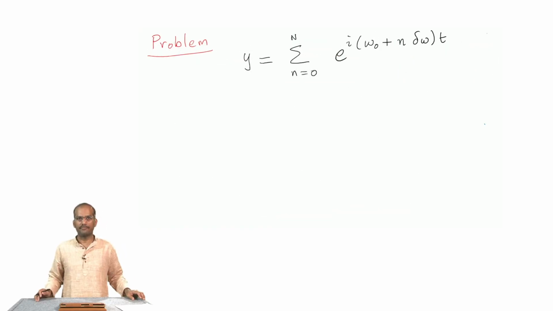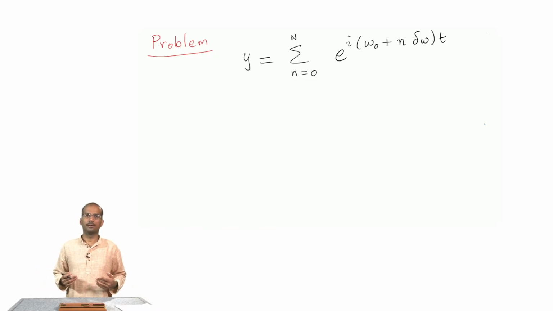When we were looking at the bandwidth theorem, we were trying to sum cos of (omega 0 plus n delta omega) into t, but here I have just taken it as e power i (omega 0 plus n delta omega) into t. Finally, at some point we will take the real and imaginary parts, and from there we can extract the result that we want.